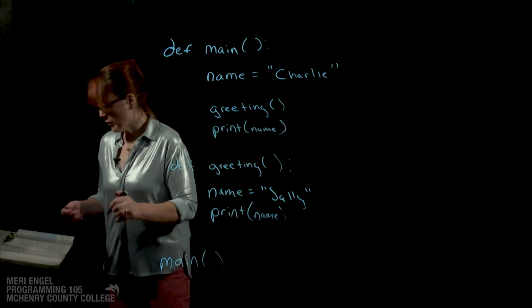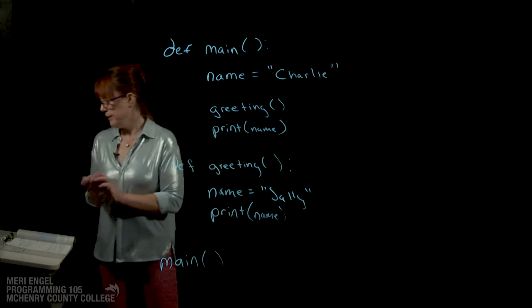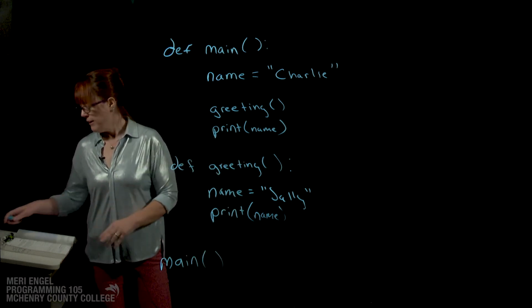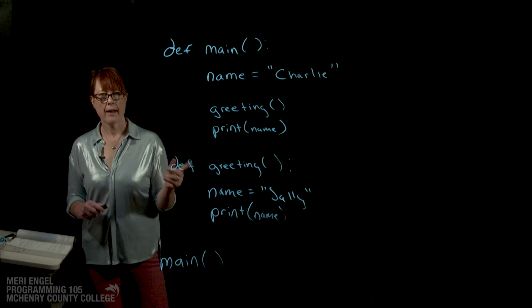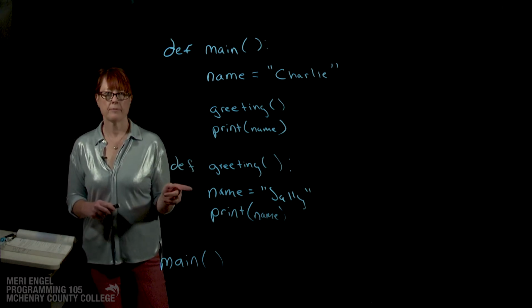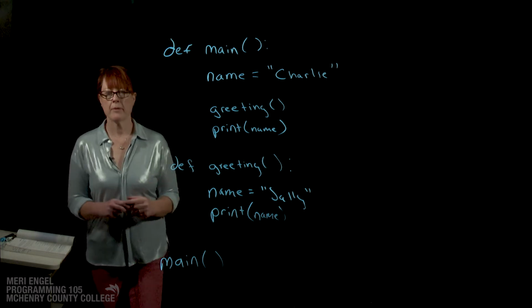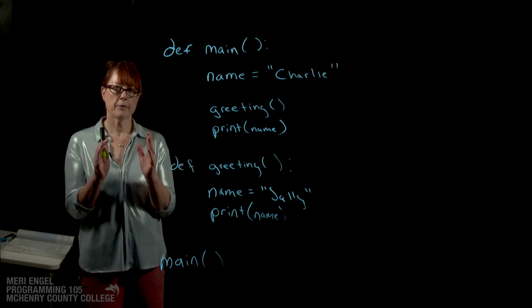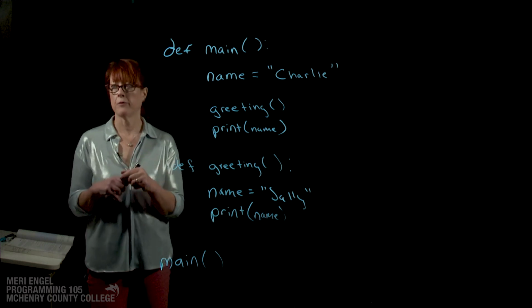Okay, so let's talk about what actually happens here. Even though the variables have the same name, they are not the same variable. The way you should think about this is if you had a computer and you had two different file folders.